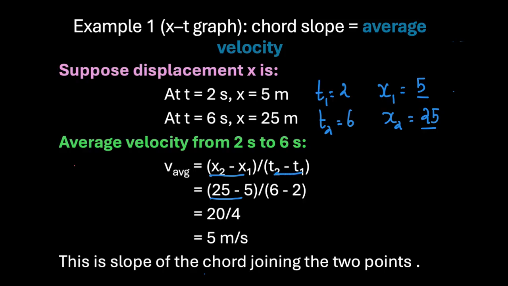What is t2 minus t1? 6 minus 2, which is 4. 20 by 4 gives us 5. Therefore, the average velocity is 5 meters per second, which means if you measure it from t1 to t2, the object has traveled 5 meters in 1 second, on average.